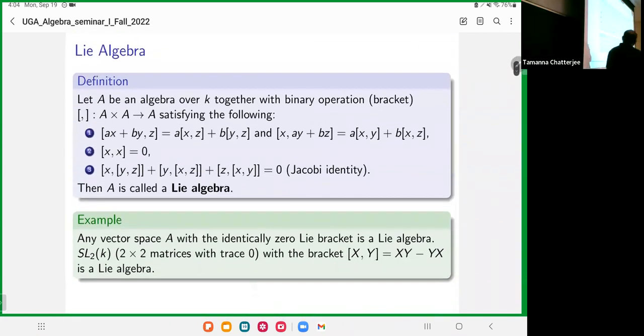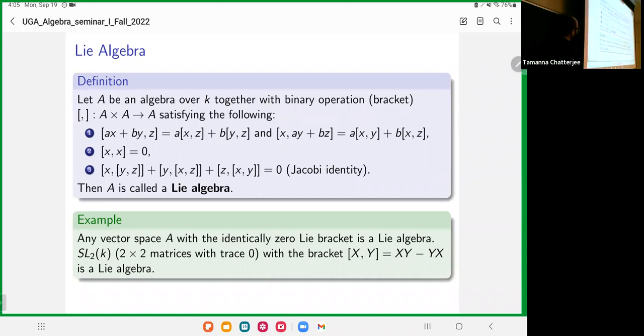a noncommutative algebra. So we define another operation from A cross A to A, which is called a bracket. And that bracket should satisfy these three conditions. The first condition and second condition are fine. The first condition is kind of bilinearity.